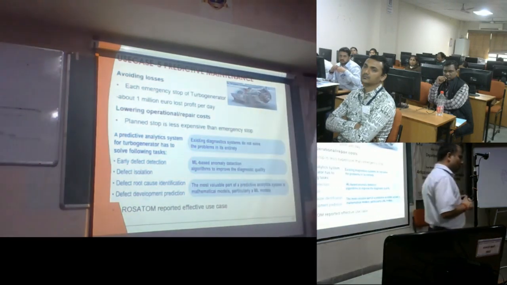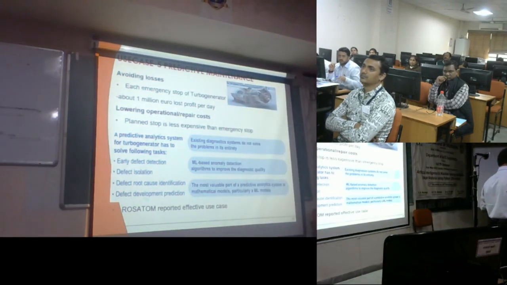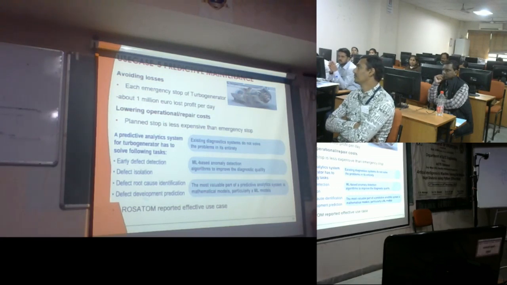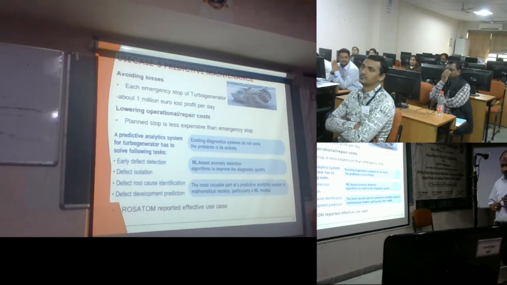Rosatom is the company responsible for the design and construction of nuclear reactors across Russia, and it has made an AI-based system which can do predictive analysis of the turbo generator, that is, the turbine. And the turbine is the costliest component in the nuclear reactor.